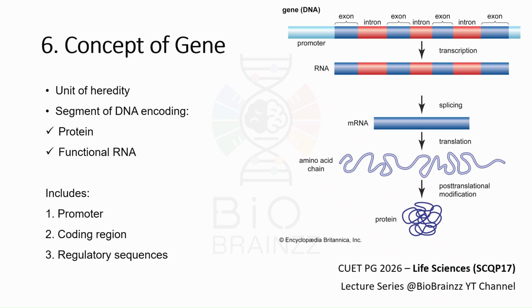So remember, a gene includes regulatory elements, coding sequences, and promoter regions, and it ultimately produces a functional RNA or protein. With this, we complete Unit 2 on chromatin structure and function.